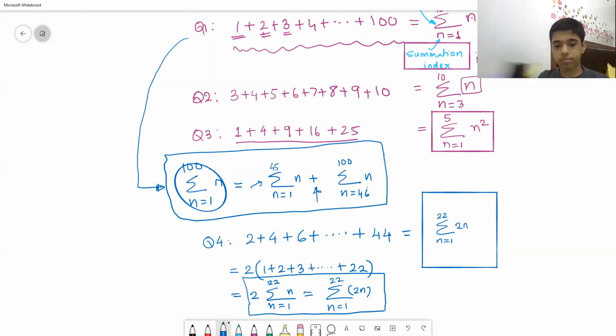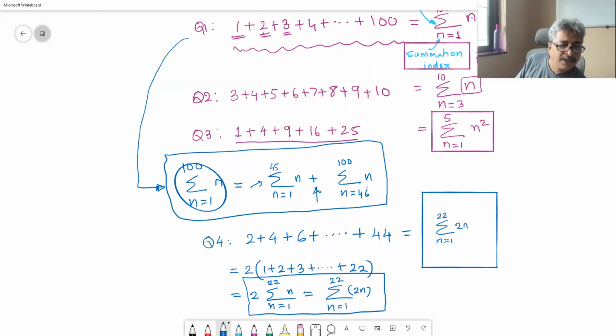The property of sigma notation is: sigma, n is equal to 1 to n, or upper limit is n, k is our coefficient, where k belongs to the real numbers. Sometimes your index is i.